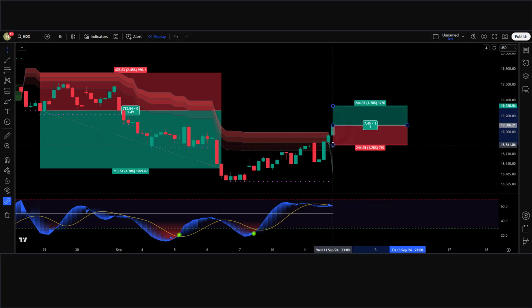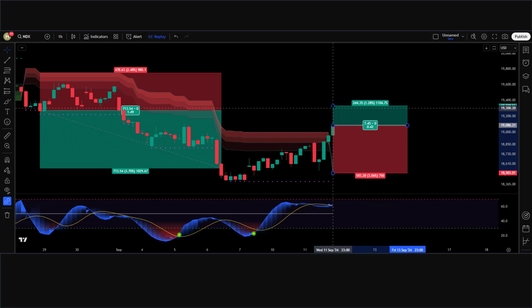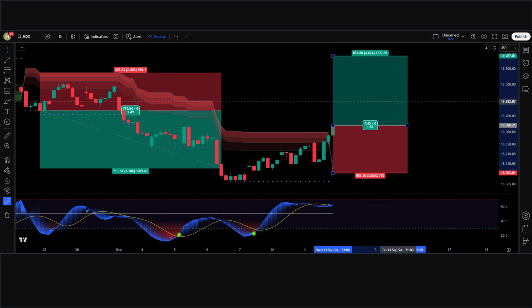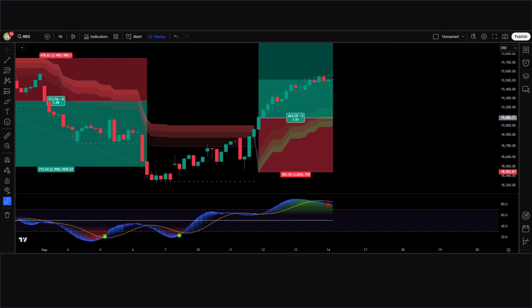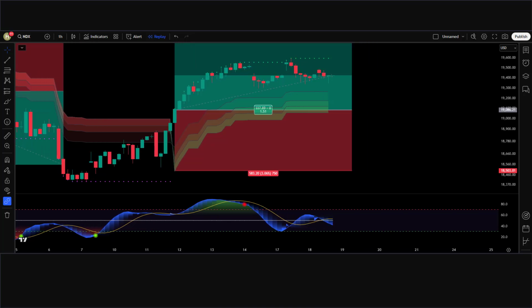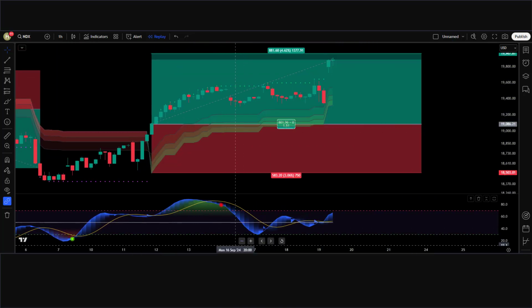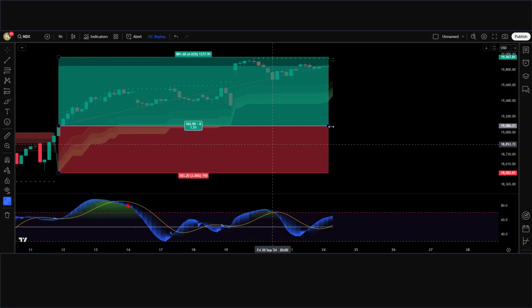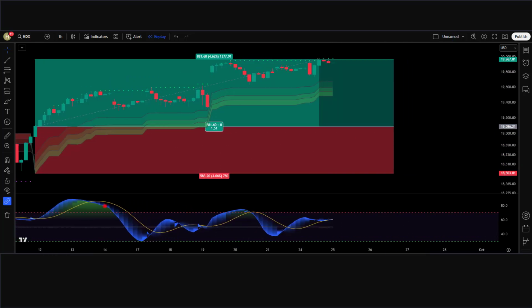Our stop loss will be placed at the ATR Trend Indicator of lower trailing stop line. And the risk to reward ratio will be 1:1.5. The market has completely hit the target.